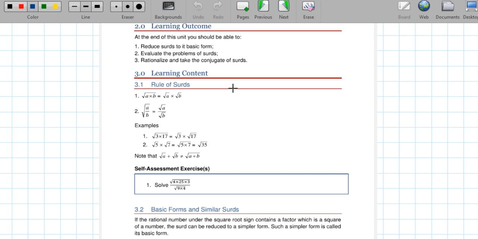So to start with, let's look at what surd means. When you hear surd, what comes to your mind? When we are solving mathematical problems, we come across those terms when you are told sometimes to leave your answer in surd form, and especially in trigonometry, we also hear of some special angles which are represented in surd forms, right?